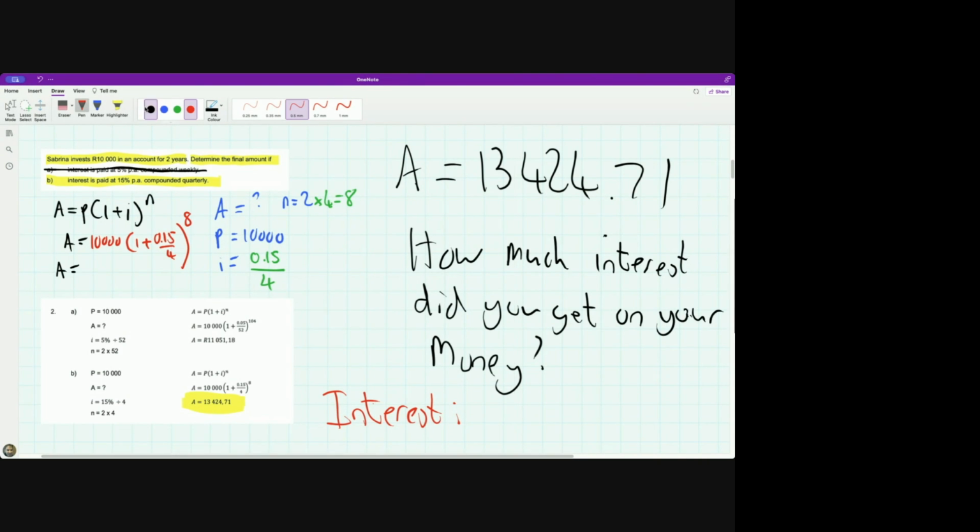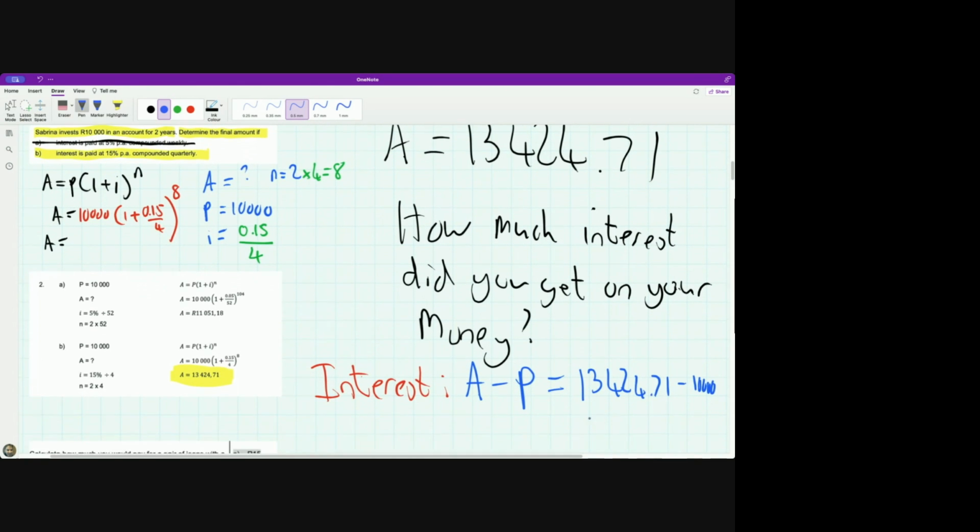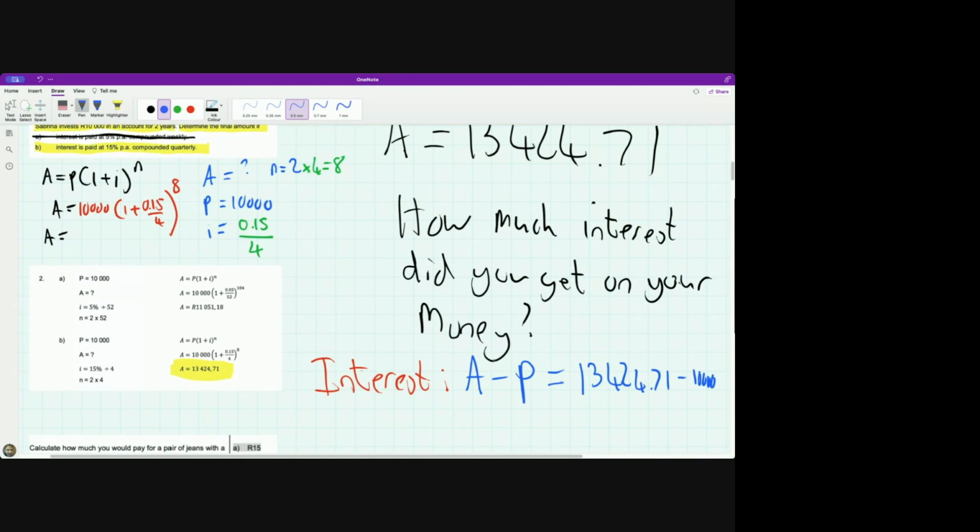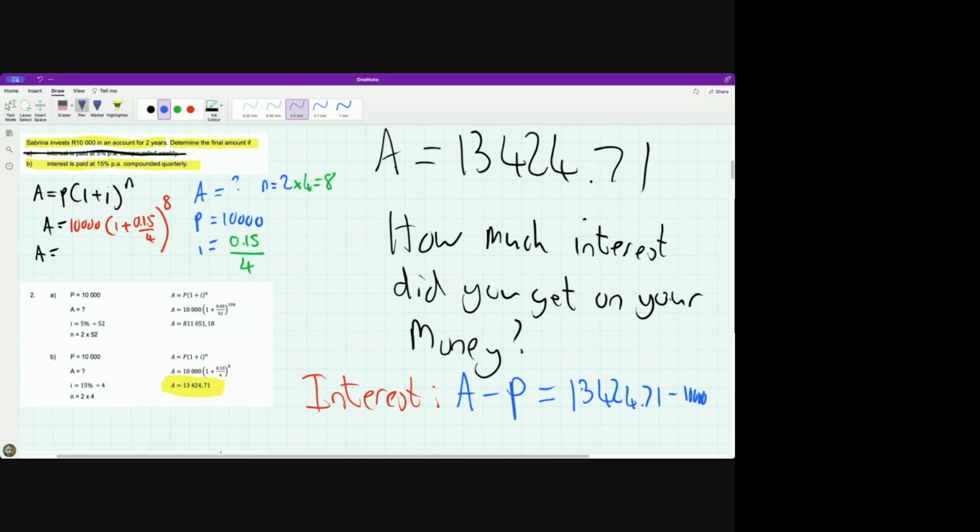So the interest that you've earned is just the difference between A and P, right? So you ended up with this, and you started with 10,000. So the amount of interest, not the interest rate, hey?